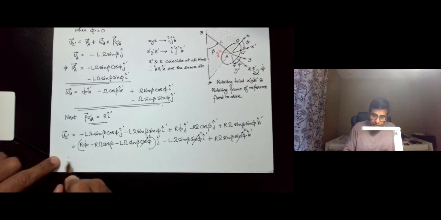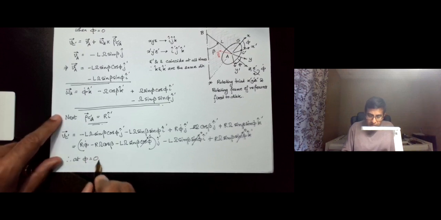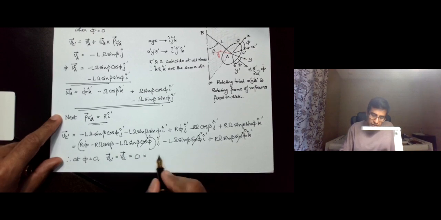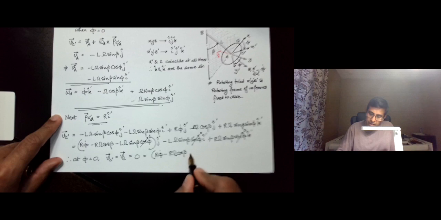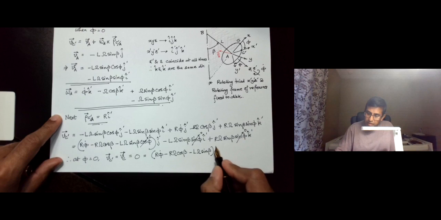So therefore, at phi equals 0, Vc prime is equal to Vc is equal to 0 is equal to R phi dot minus R capital omega cosine beta minus L capital omega sine beta j prime.